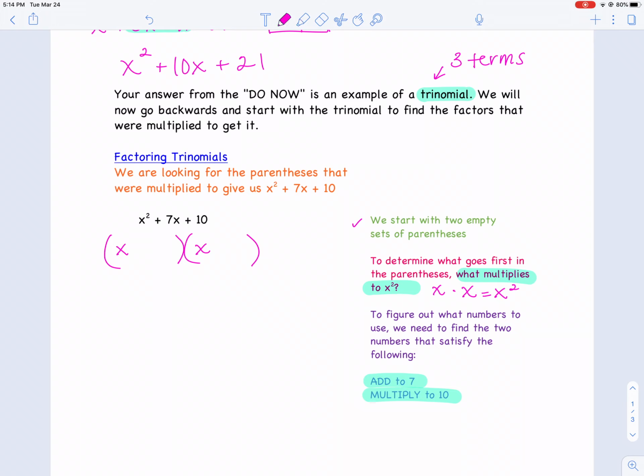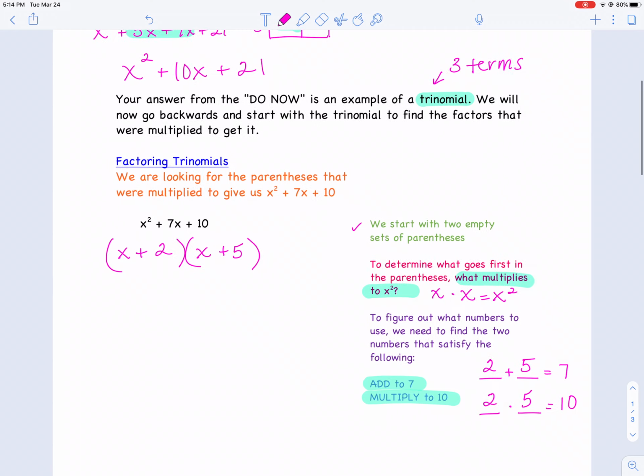Same 2 numbers. Most of you have probably gotten it by now: 2 and 5. 2 plus 5 is 7, and 2 times 5 is 10. That's why we put a positive 2 and a positive 5 in each set of parentheses. This is your answer, x plus 2 times x plus 5.